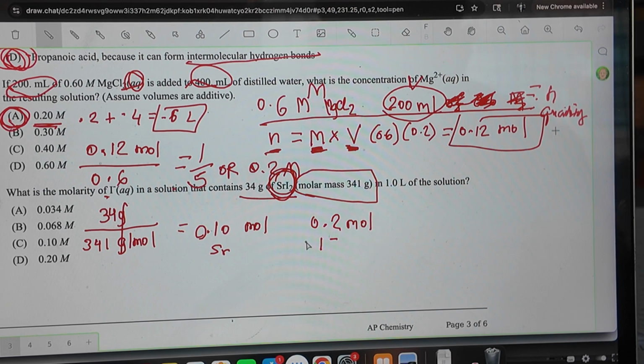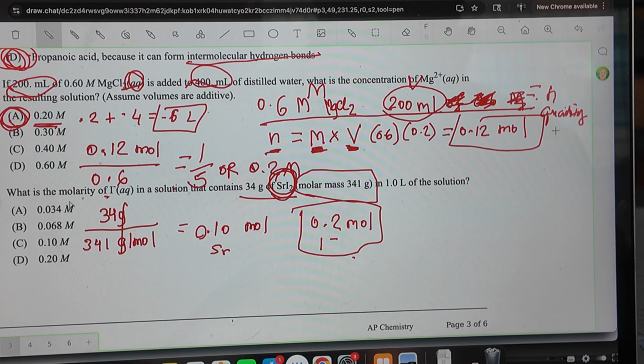Okay, and so now they tell us we have 0.2 moles of the iodide.